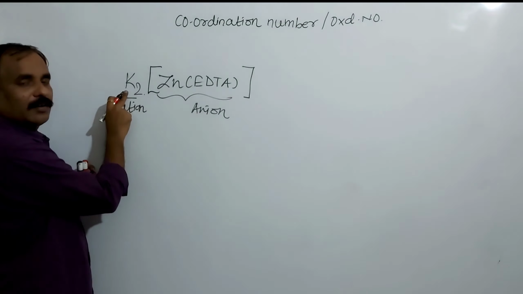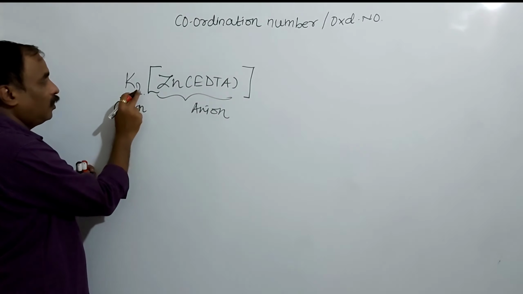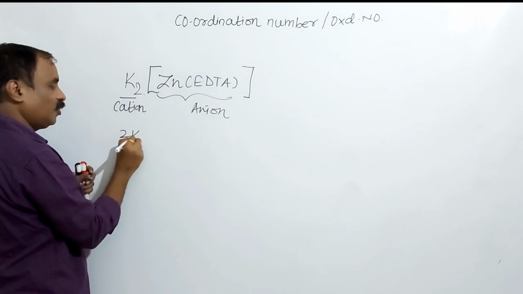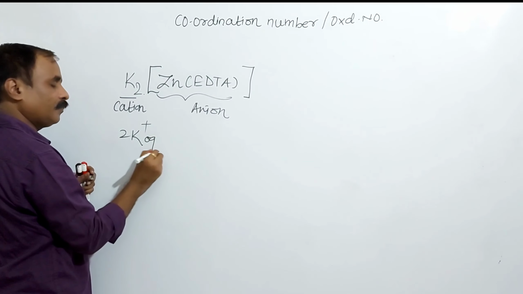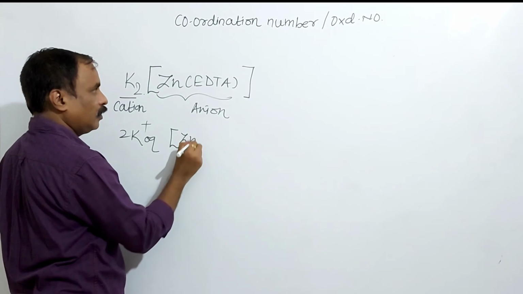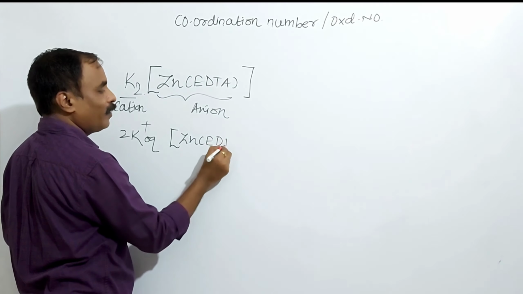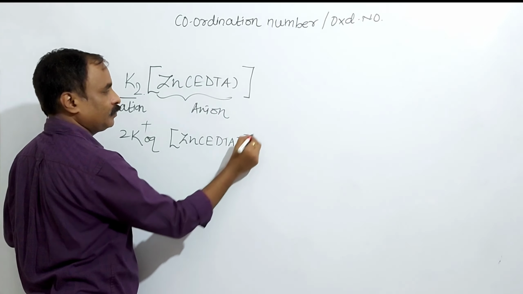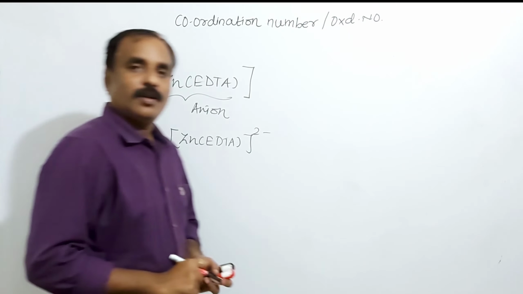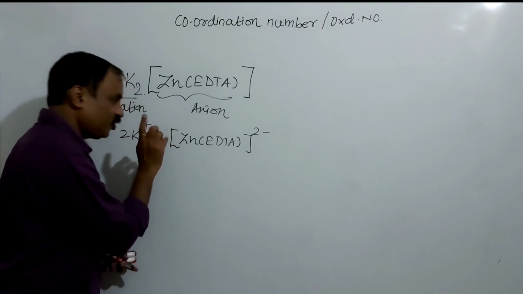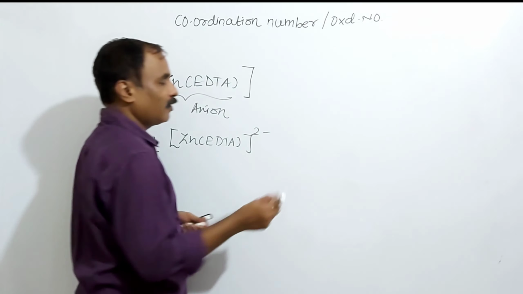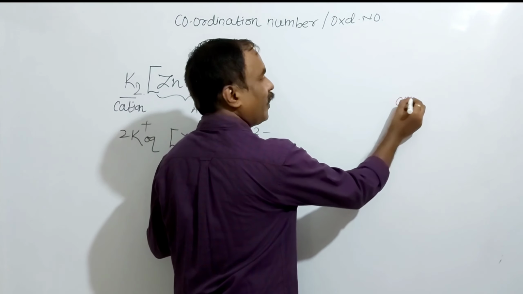This is an alkali metal, that is 2K plus. In aqueous medium, there is formation of 2K plus aqueous and the complex 2 minus. Now tell me, what is the coordination number of zinc? What is EDTA? EDTA is ethylene diamine tetraacetate.